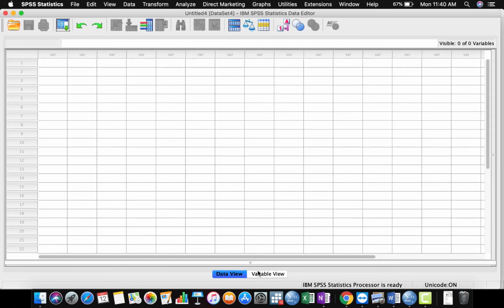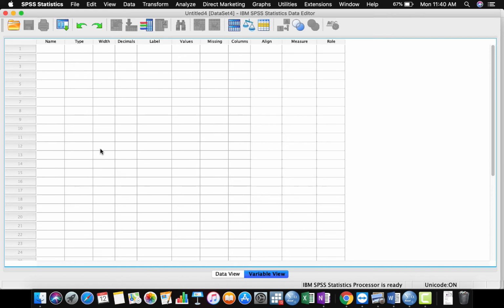Let's go to variable view first. We need to have our dependent variable defined, which is time in days, right? So we put the label time in days. This should be scale, with no decimal point, and align center.